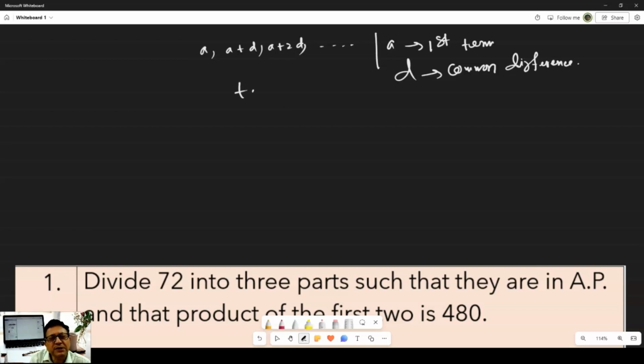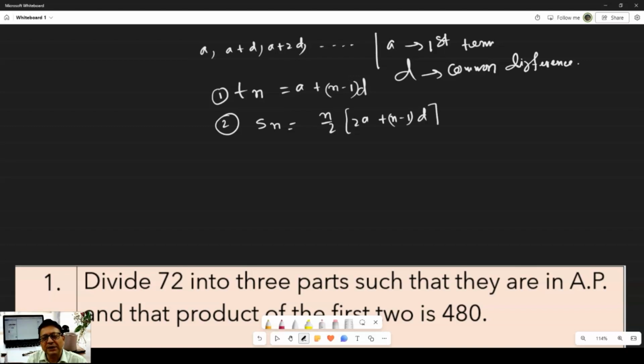The nth term of the series Tn equal to a plus n minus 1 into d. This is formula 1 we have learned. Sum of n terms is n by 2 into twice a plus n minus 1 into d.